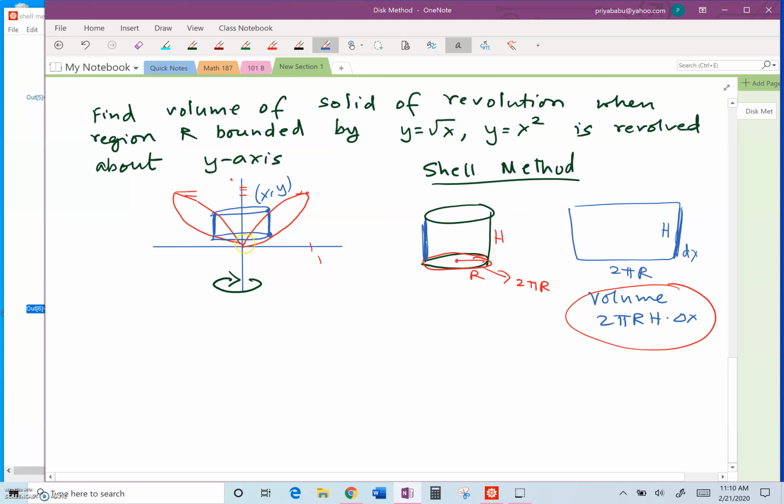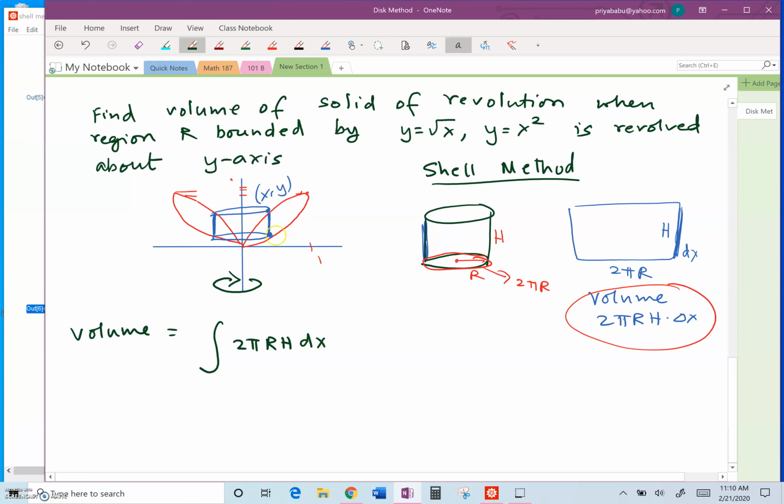So we have shells from the innermost shell to the outermost shell, and we're going to continuously add all the volumes of the shells. So the volume of the solid is going to be the continuous addition of the volume of the shells, which has the formula 2 pi r h dx.